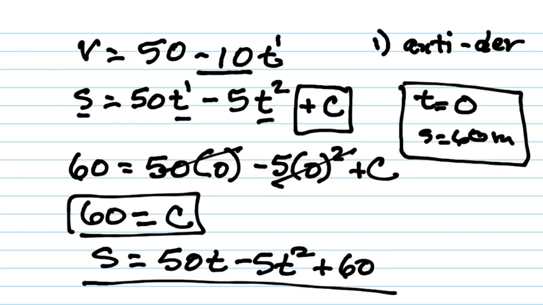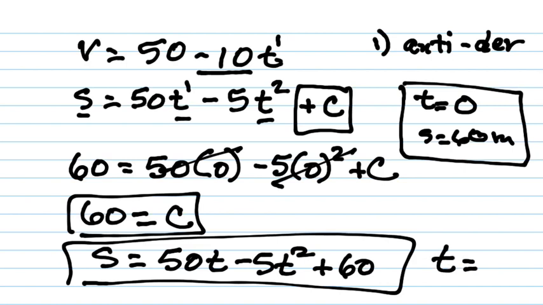Now that I have my function, I can answer questions about it. We want to calculate its vertical height after 2 seconds. So I simply want to evaluate this when t is 2 seconds. So all I need to do is plug that in. So let's do that.